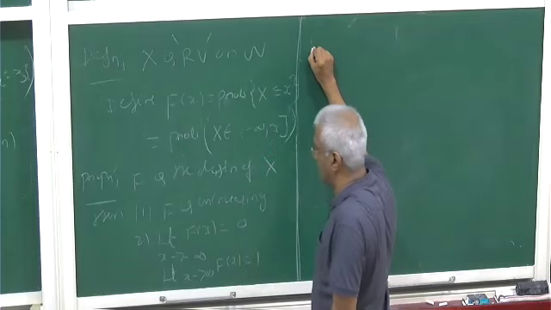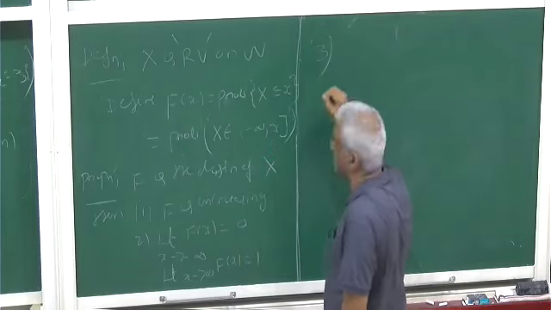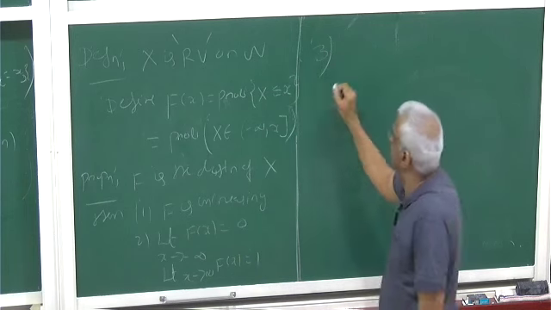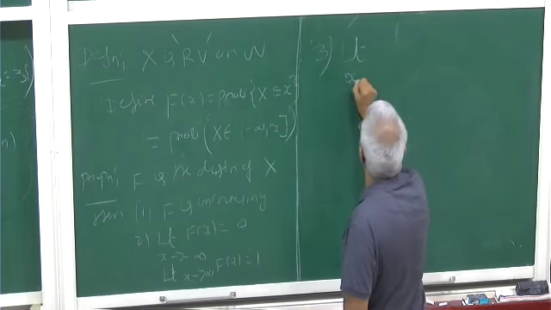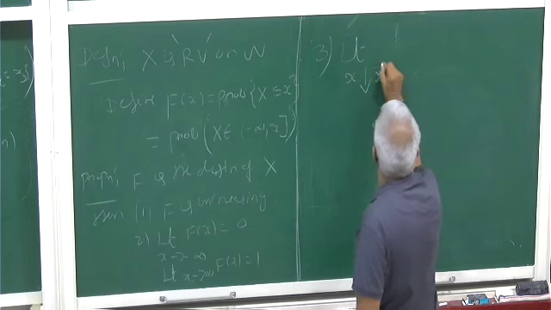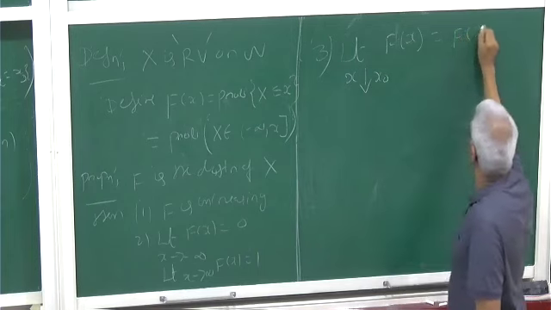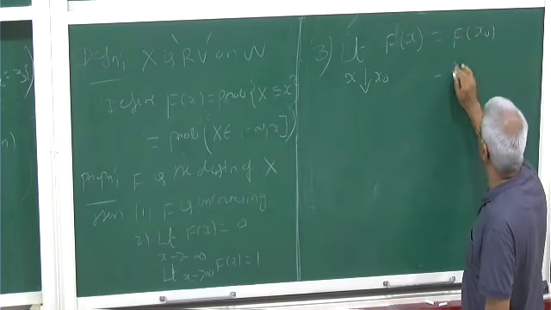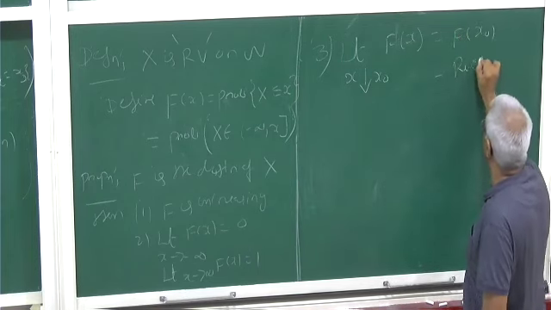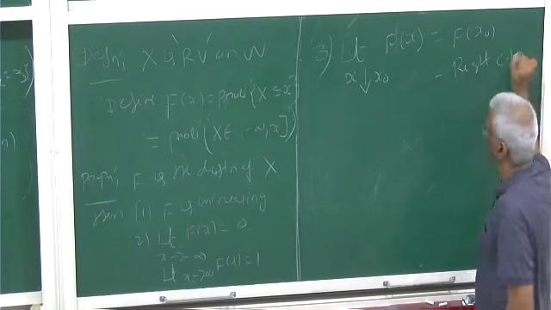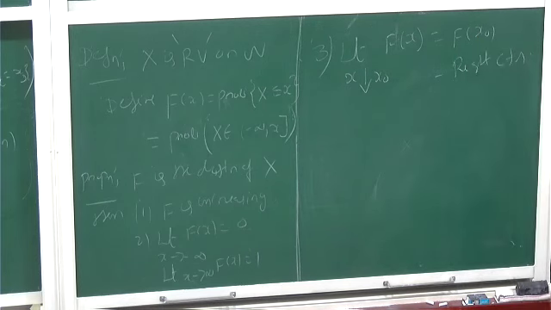And third, the limit as x decreases to x naught of F of x equals F of x naught. This is what is called right continuous. It is an increasing, right continuous function.